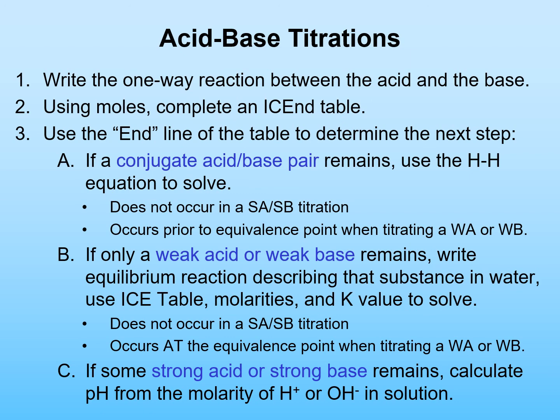Yet again, this does not occur in a strong acid, strong base titration, and this will be at the equivalence point. So before the equivalence point, you're going to have the conjugate acid-base pair, if it's a weak acid and a strong base, or a weak base and a strong acid. At the equivalence point, you're only going to have the weak acid or weak base. You're not going to have any more of the conjugates.